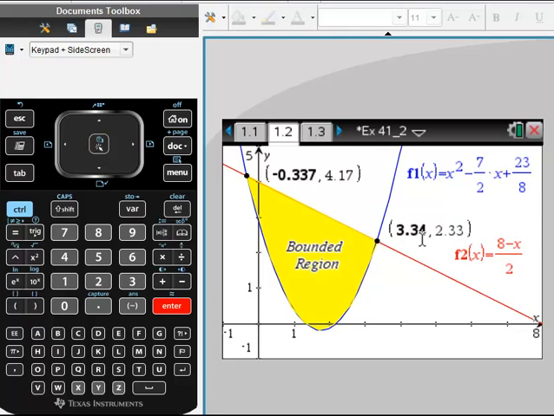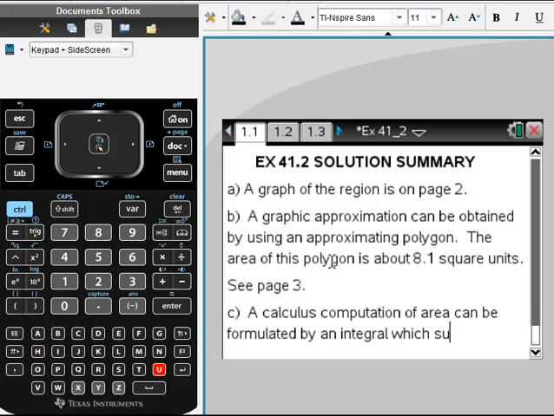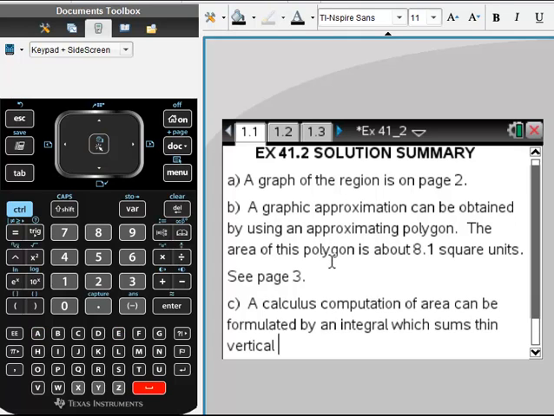Okay, now we have that in place. We're ready to go to the notes page, I suppose, and go ahead with our calculus calculation that we've been discussing here. A calculus computation of area can be formulated by an integral which sums thin vertical rectangles.